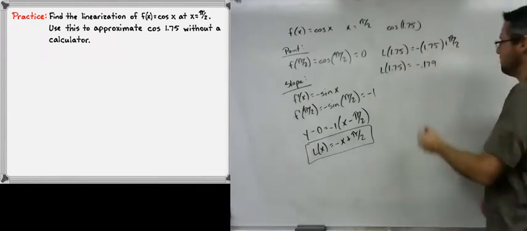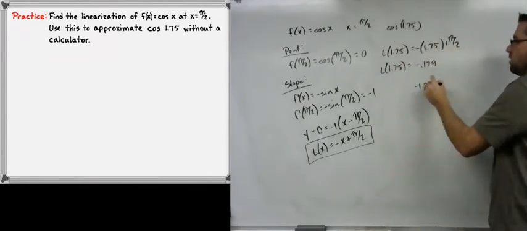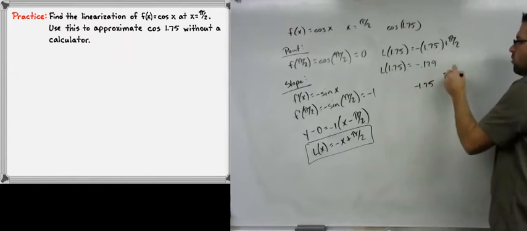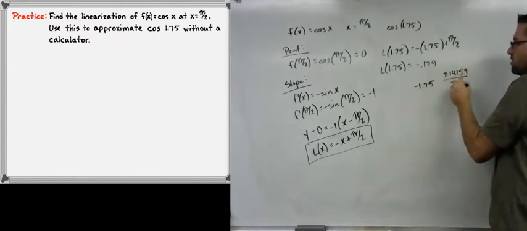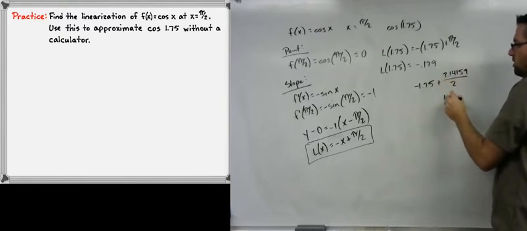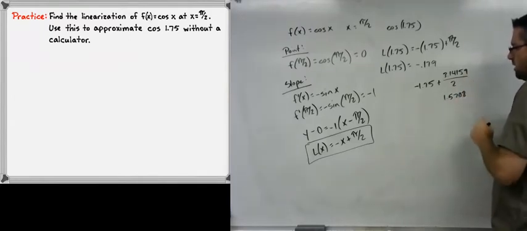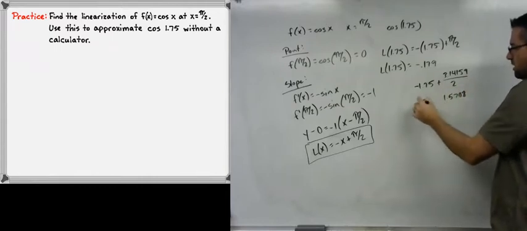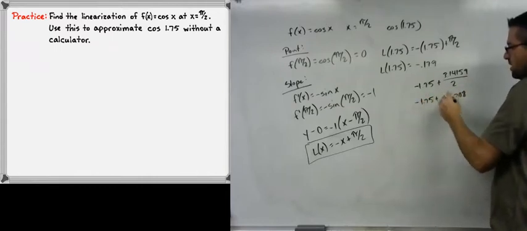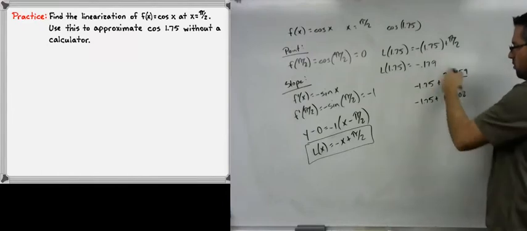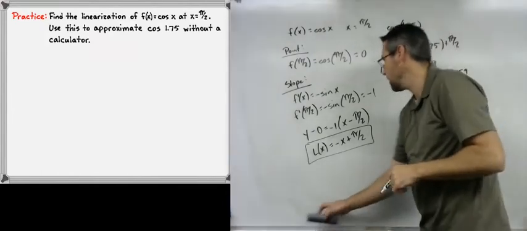Now I could get pretty accurate. I know that pi is 3.14159, so pi over 2 is basically 1.57 or 1.58, and negative 1.75 plus that is approximately negative 0.179.